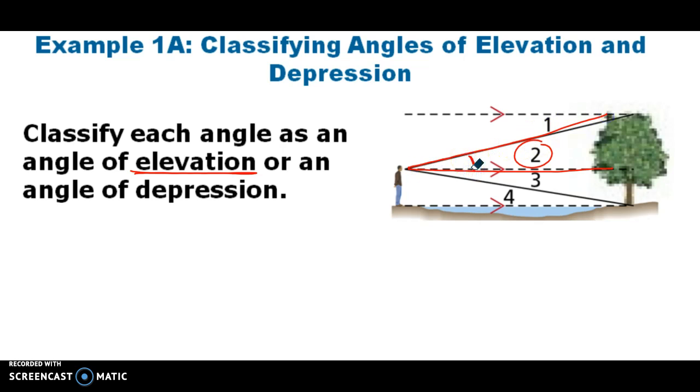So 2 is an angle of elevation. What else? Angle 4. So horizontal line opening up. So angle 4 is also an elevation. Which means, I'll do it in blue, the depressions are 3 and 1. So horizontal line opening down is 1, and horizontal line opening down is 3.